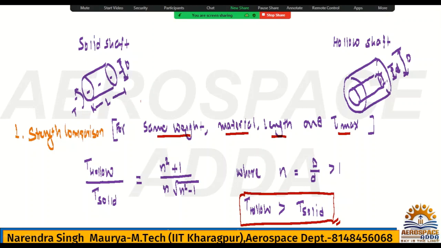I mean, the solid shaft will easily fail compared to the hollow when you check the strength. I think this one is clear.